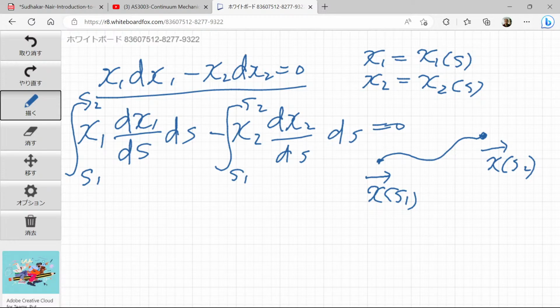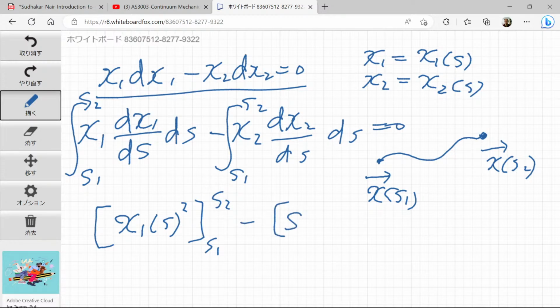This integration can be done easily. The answer is x1(s) square from s1 to s2 minus, sorry, x2(s) square from s1 to s2 equals 0, right?